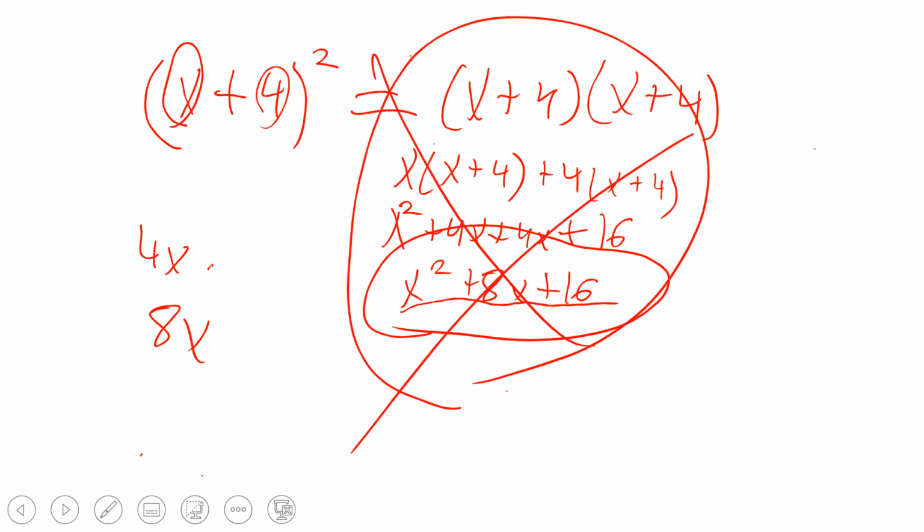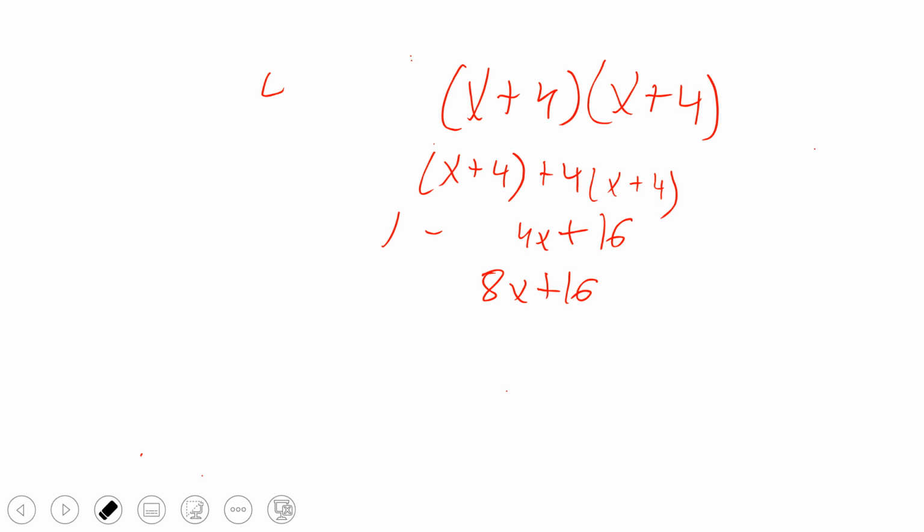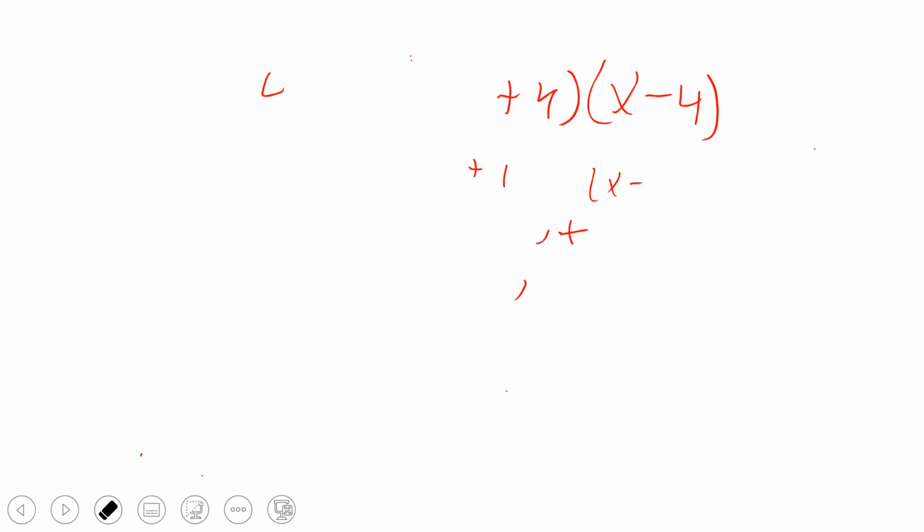So we don't need to go through this entire process every single time. It's a waste of time. Which is why when I see a product of two binomials, I don't like to do this work the entire time. We're going to try a different product here: x plus y squared.